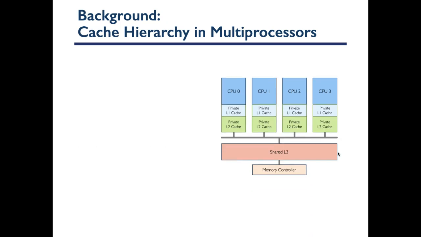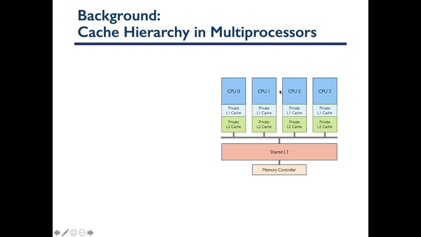Yet another aspect of multiprocessors is their cache hierarchy, a very prominent feature of multiprocessors. This is usually what you see in modern systems. Now here, I'm not talking about memory anymore, I'm talking about caches.